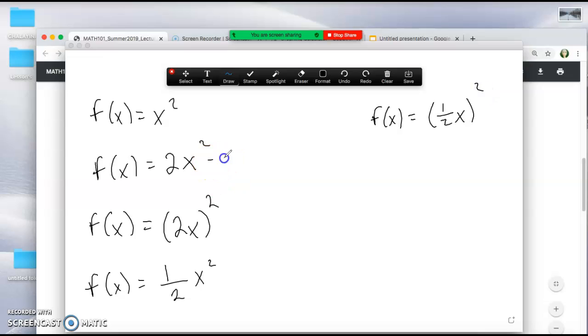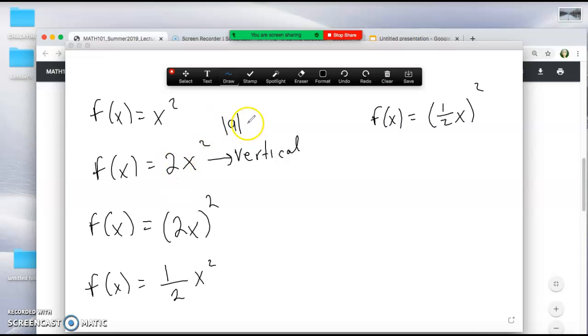Here we're multiplying the coefficient by the function. We're multiplying 2 times the function of x. It's on the outside, so we're going to get a vertical change.